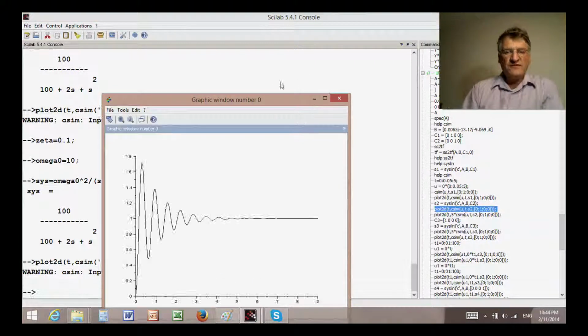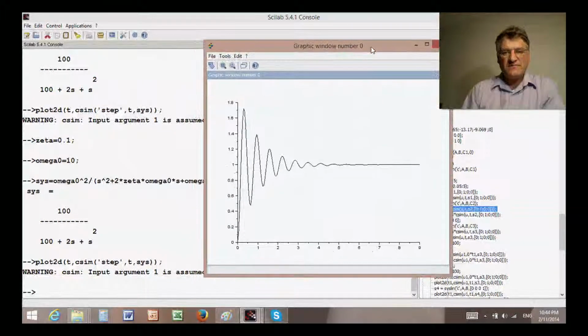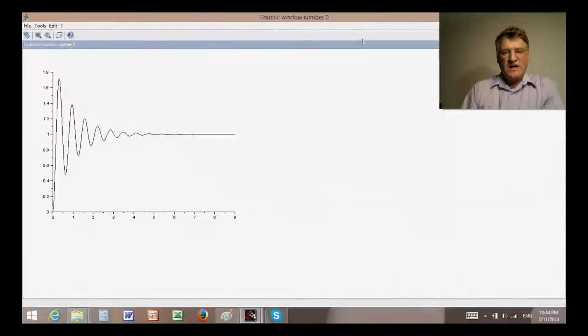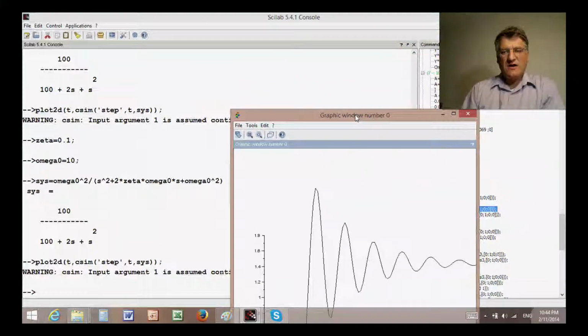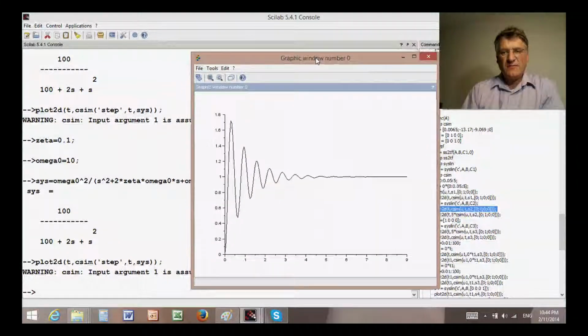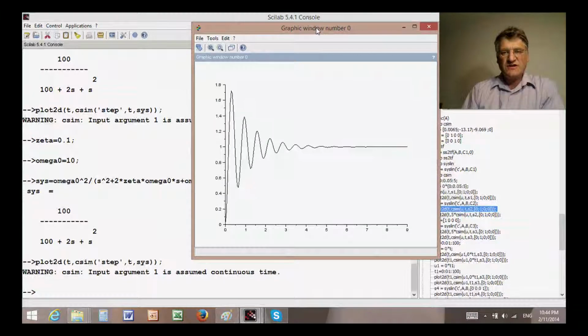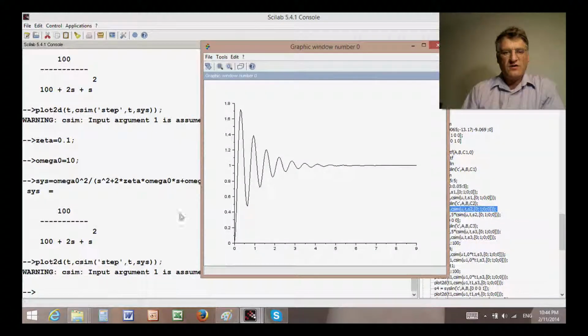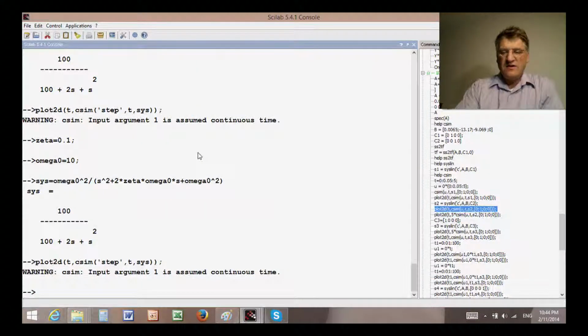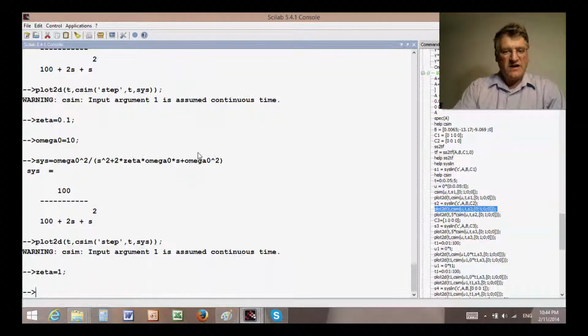Okay. Now let's look at the response of that system. The response of that system doesn't look much different. However, one interesting thing happens if I change zeta without changing omega 0. For example, I'm going to do zeta is equal to 1. And I plot the same response of the system.